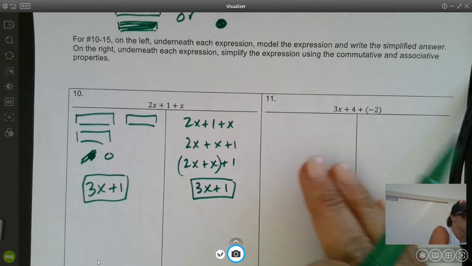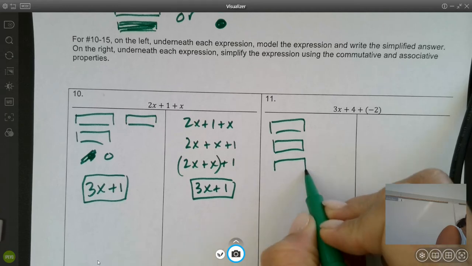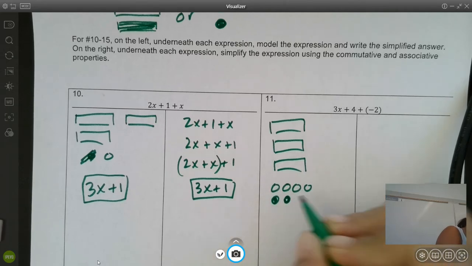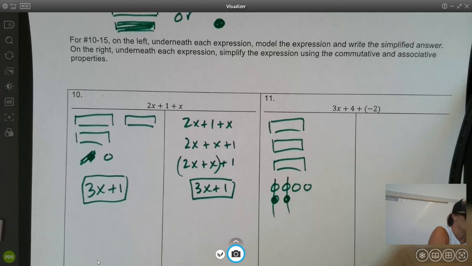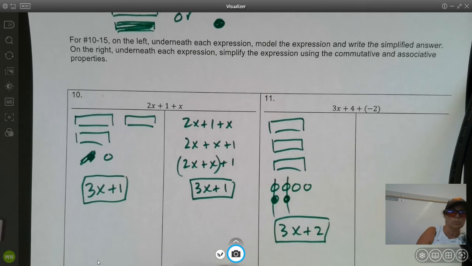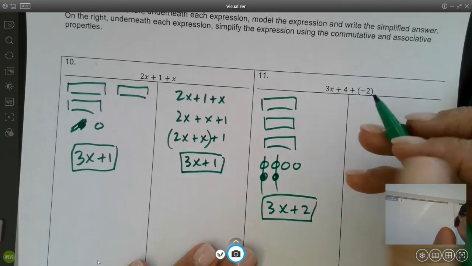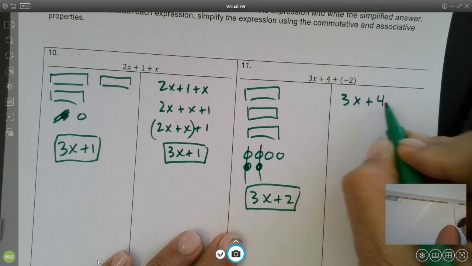All right, this guy, 3 x's. 3, 1, 2, 3, 1, 2, 3, 4, 1, 2. All right, let's take care of 0 pairs. So my answer is 3x plus 2. Okay, now doing this one mathematically, step by step, using our properties that we learned the other day.